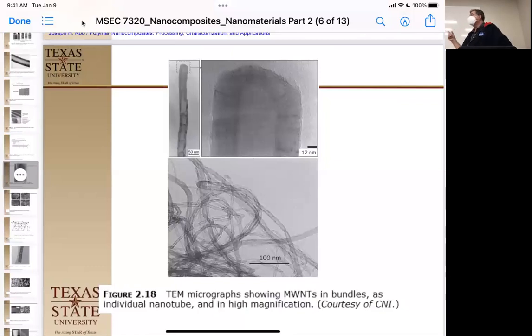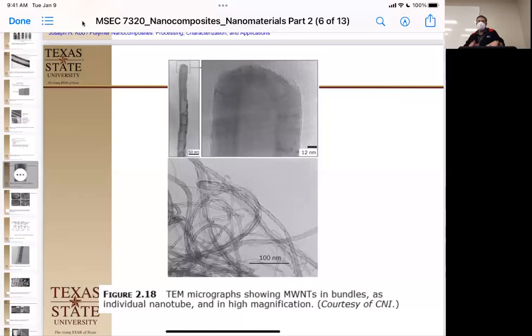So that macroscopic dimension still is important. In the multi-walls, you're more likely to get a higher conductivity per bundle because you have more places to run current through. But that longer length is going to help you with your properties. That goes into a concept called percolation threshold, which we'll discuss separately when we talk about electrical conductivity.